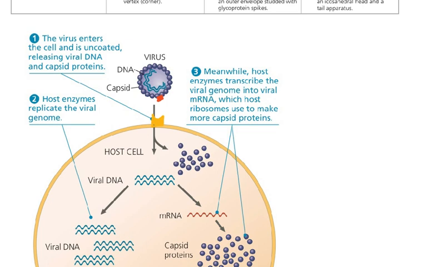This receptor was maybe once beneficial to the host, but now viruses have taken advantage of it. So these two are going to bind very specifically, and the virus is going to convince the cell to let it in, to endocytose it. I like to think of this like a fake ID. The virus can tell the cell, I'm something good, I want to get in, and the cell will let it in.